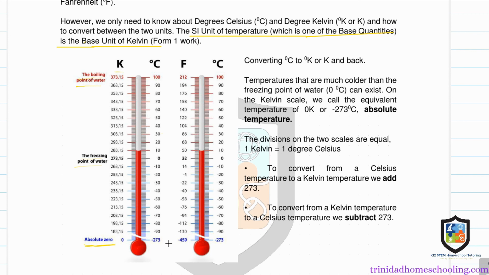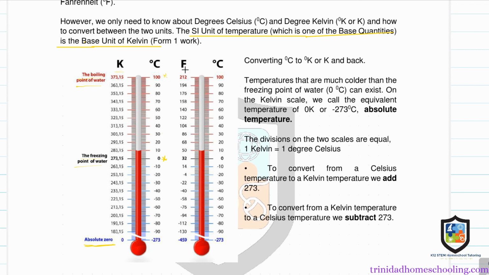Now here you see absolute 0 for the degrees Celsius scale is minus 273 degrees. The freezing point of water here is 0 degrees Celsius, and the boiling point of water is 100 degrees Celsius. Now these temperatures here are important to know, these two especially.